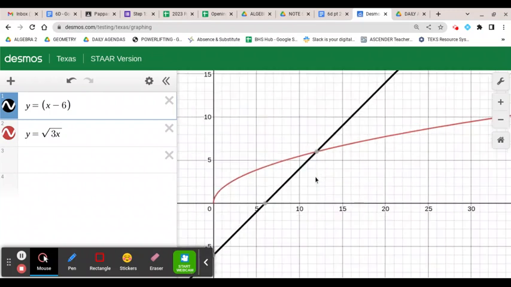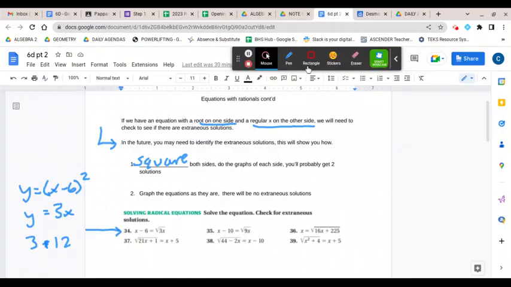We graph that up, and here we get 12 as our one solution, and that's it. So when we do it properly, all we get is 12, meaning that the 3 was extraneous.